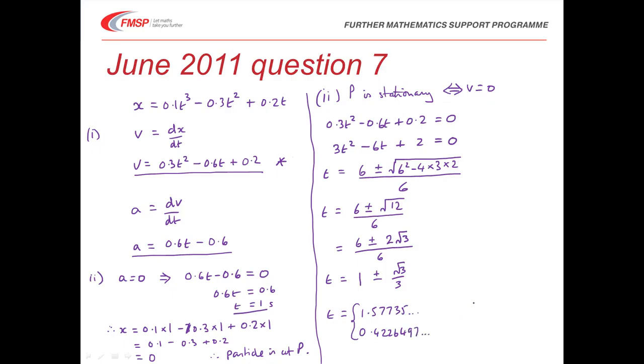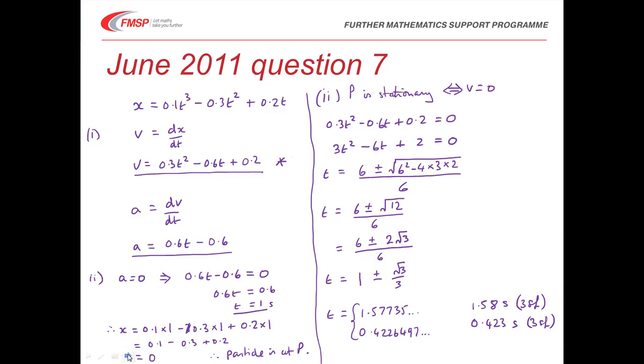In other words, the answers are 1.58 seconds to 3 significant figures and 0.423 seconds to 3 significant figures. And there's the times when p is stationary.